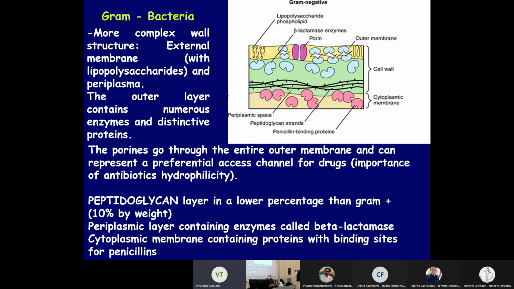We'll see how it is possible to enlarge the spectrum of specific antibiotics by increasing the hydrophilicity of particular molecules.